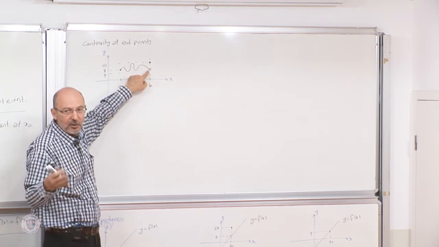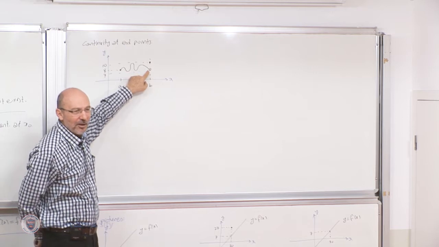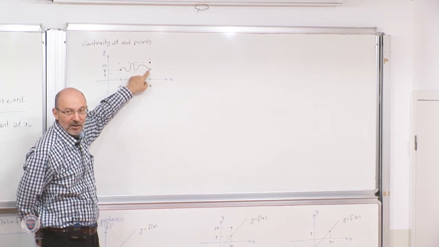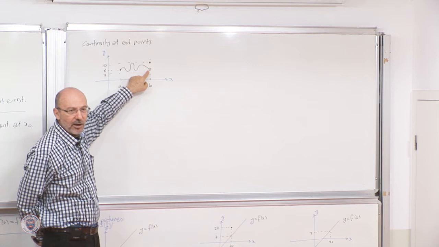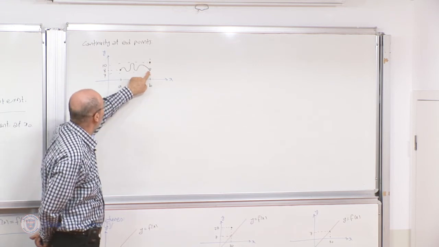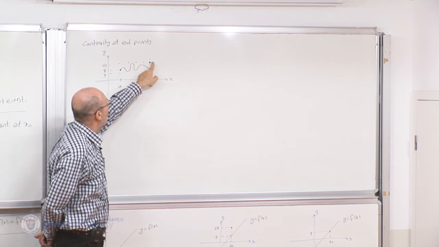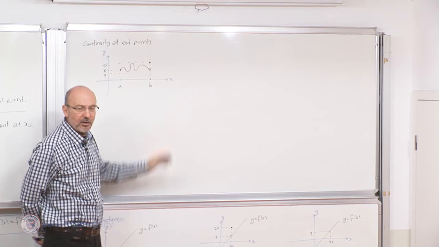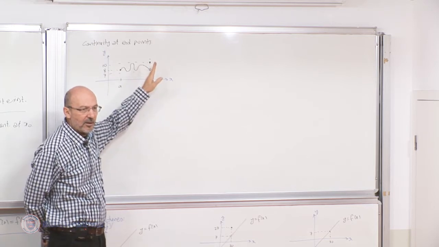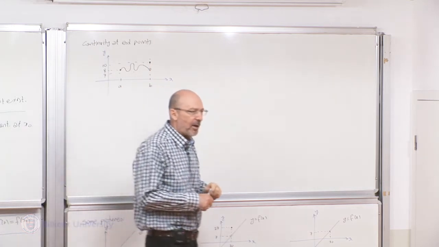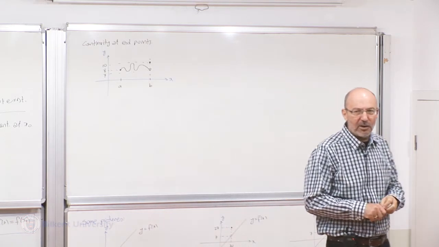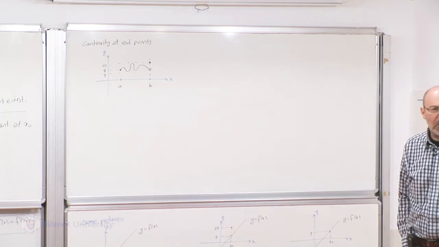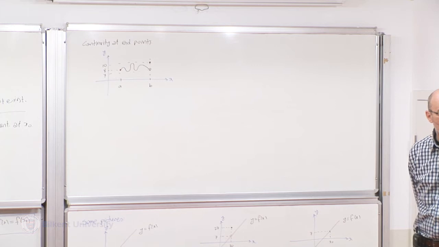Well, it's a nice function, but we have a different taste for niceness. We want the function to take the value it takes as in the limit. Okay, so in the limit, the function takes this value, but actually the value of the function is this. Okay, so we don't like these things. So at this endpoint, the function is bad. Okay, now instead of nice and bad, if you say nice and bad, everybody understands you. Now you are educated, so you have to sound a little bit mysterious.